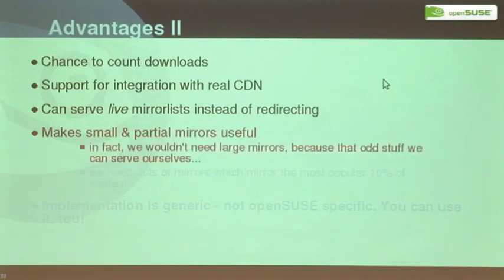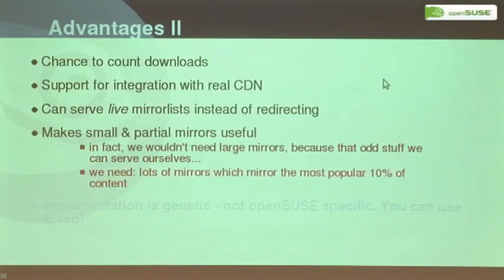So in fact the times that we need large, powerful mirrors are nearly over, because we won't find a lot of mirrors that mirror the extremely huge trees that we offer. So what we actually need, and what we can have, is lots of mirrors which are not loaded with 1 terabyte, but only maybe 60 gigabytes is enough.